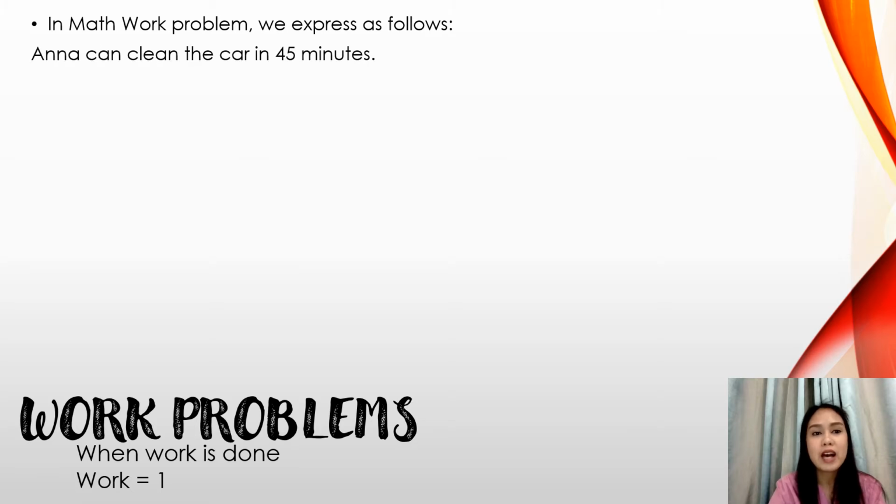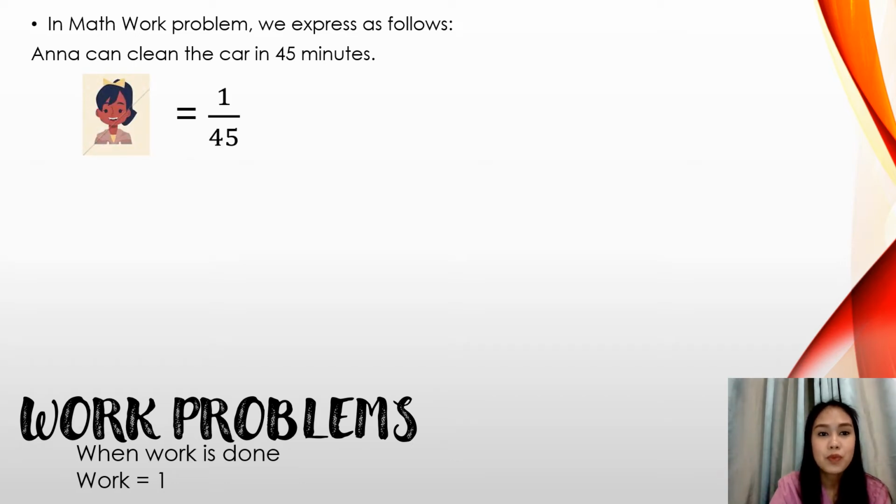For example, Anna cleaned the car in 45 minutes. Now we are going to represent that in an equation as 1 over 45. Why? Because there is 1 work done. That's why we have the numerator as 1, and then over 45, or 45 is the denominator because Anna cleaned the car in 45 minutes.